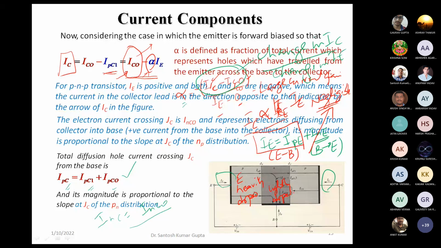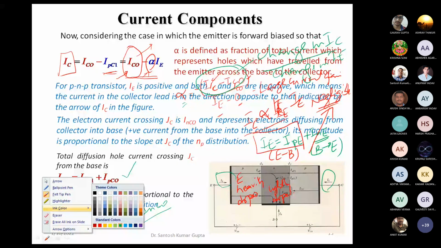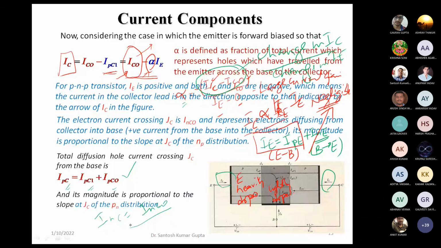Again, one will see here that this INC or this INCO, and IPCO, is very small. So we will see that most of the time this will also be neglected.